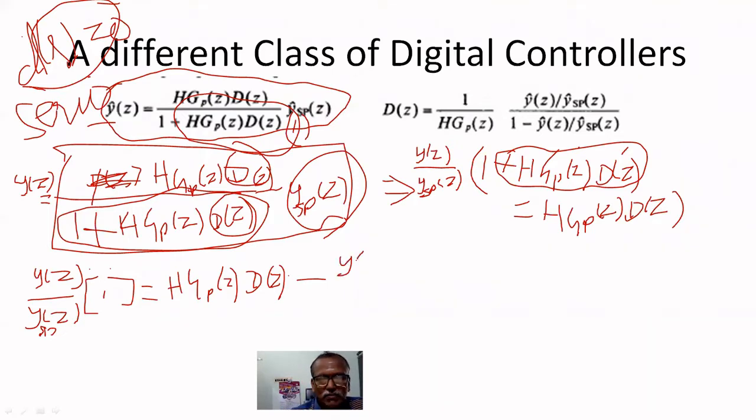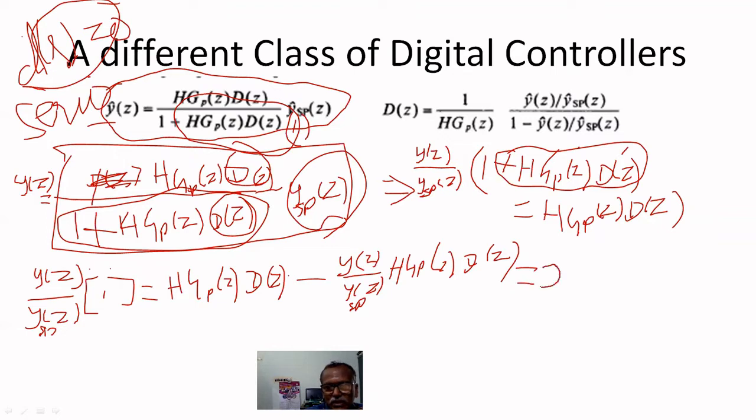Y(z) by Y set point of z equals HGP(z) D(z) minus Y(z) by Y set point of z times HGP(z) D(z). That you can bring to the right hand side. So if you take D(z) outside, what you will get?